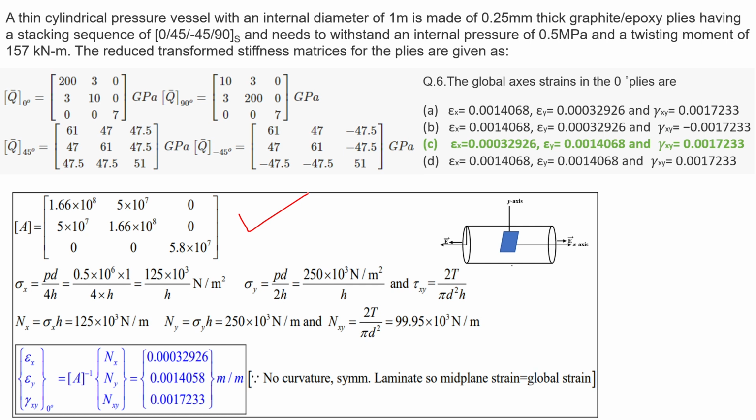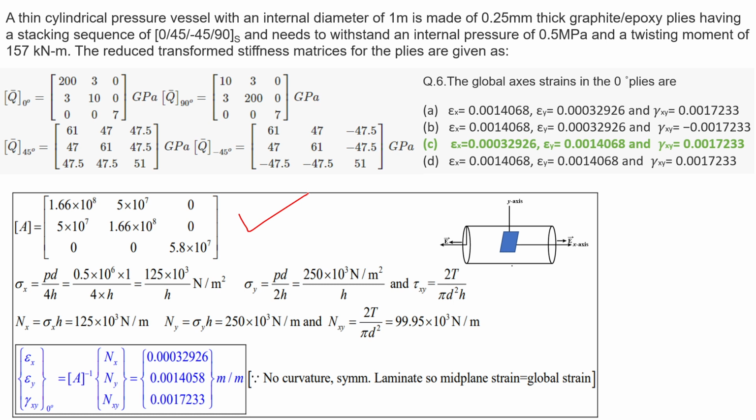Ma'am, this A matrix, how we can get? A matrix we have solved in the last two exercises, last two sample sessions we have done, right? Same method, where you have to do the summation of all the plies' stiffness matrix multiplied by the thickness.